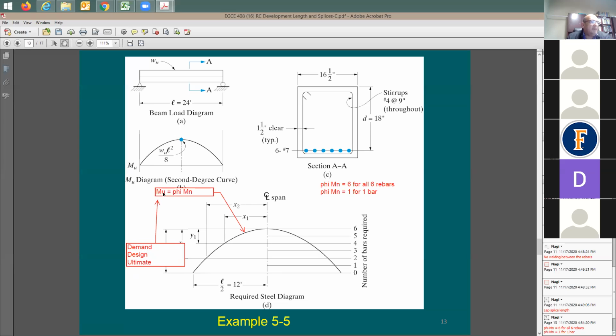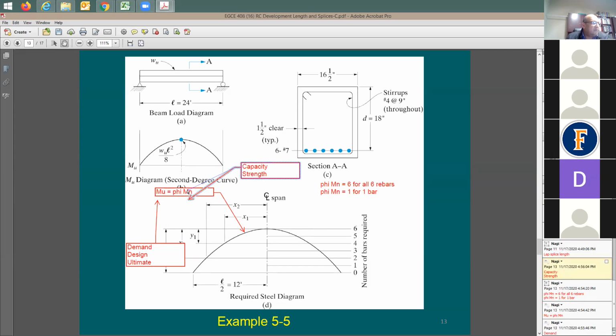It's the same as the demand, the same as the design moment. Phi Mn is the capacity or the strength. So I have two names for it. I know I went through this before, but it's usually good to remind myself and remind you guys.